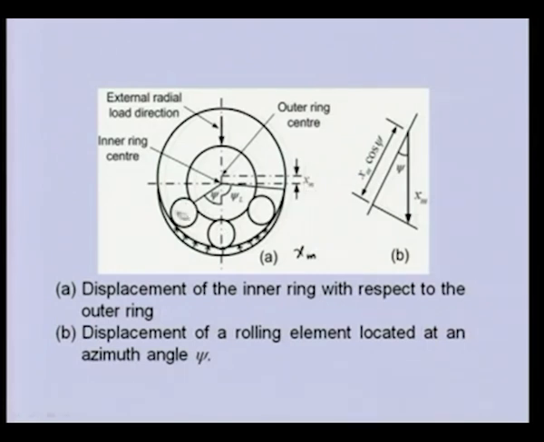So this particular rolling element which is at the xi angle will be having displacement xm into cos xi, and similarly this xi can be this ball or any other angle.